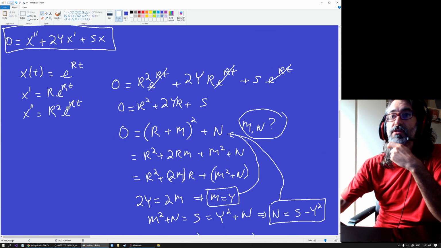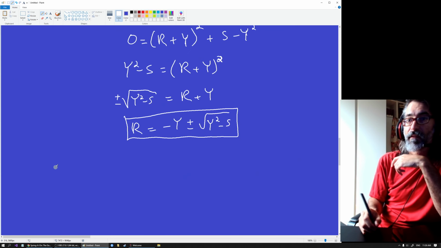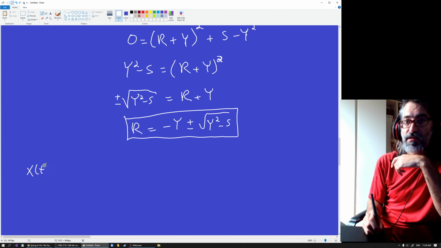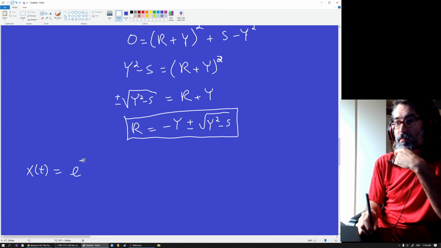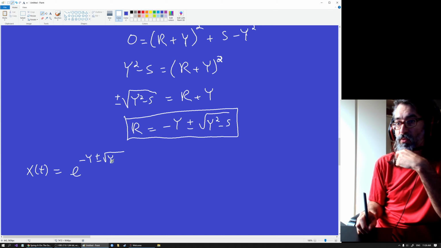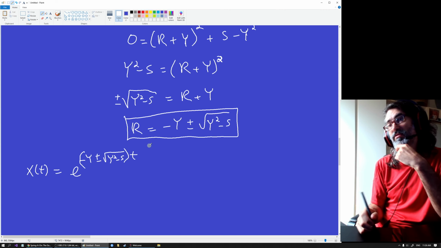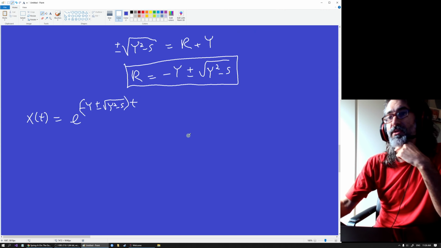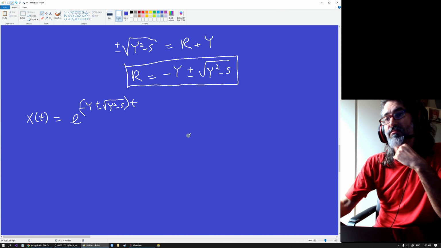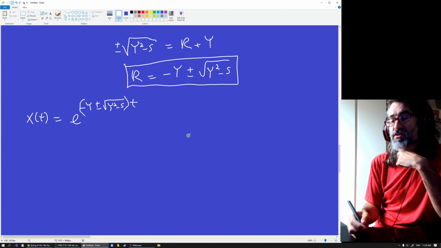So now x of t equals the exponential of minus y plus or minus square root of y squared minus s, times t. So that's our solution that we found. Now what do we do with it? We actually have 2 solutions, x1 and x2.